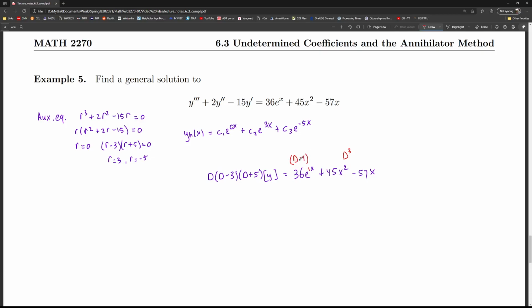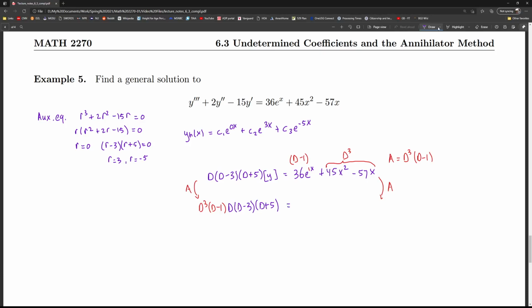So we have D minus 1 and D cubed. So D cubed annihilates this. And so our annihilator A is equal to D cubed times D minus 1. So if we apply our annihilator to both sides, what we get then is D cubed, D minus 1, times D times D minus 3 times D plus 5.